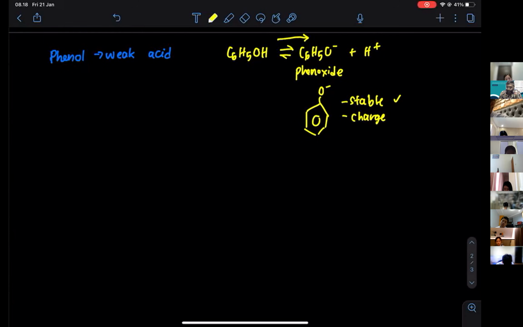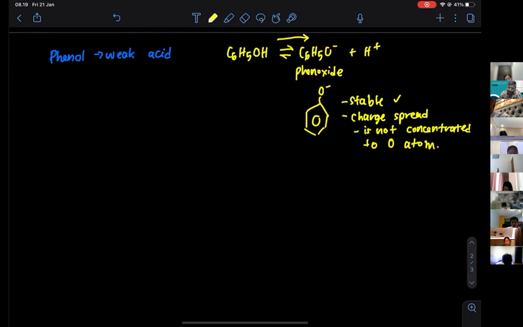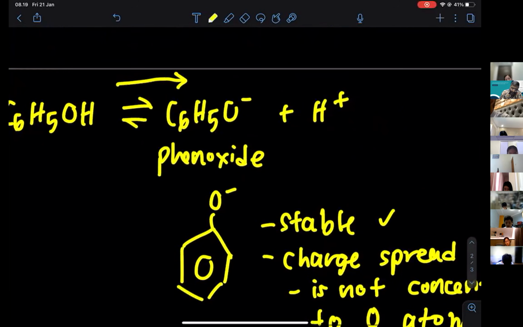When the charge is spread, it is not concentrated on the O atom, so the charge at that O is less.